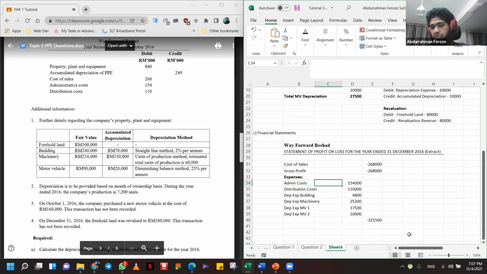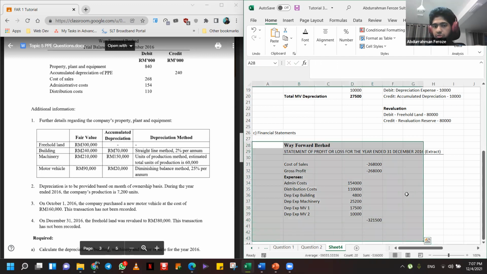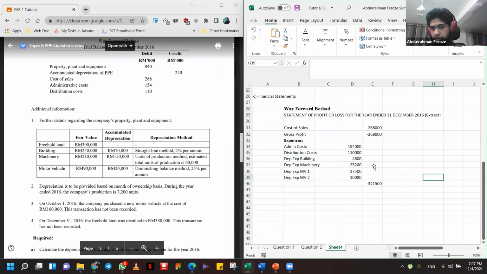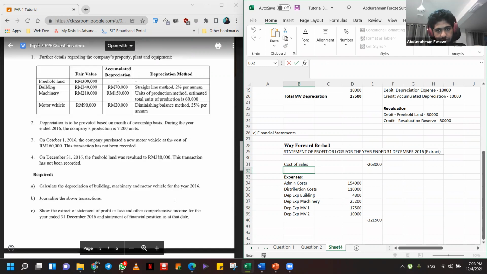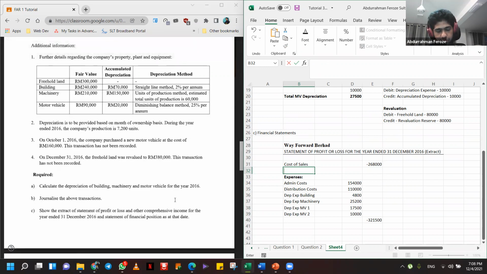If you give them this answer, it fulfills what is required. You have shown where the cost of sales would come, and where the expenses would come. Admin cost, distribution cost, all of that would come under expenses, and then you add the depreciation expenses below them as well. Is that clear? Yeah.